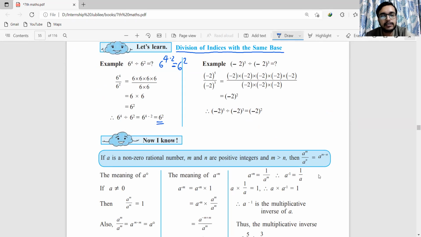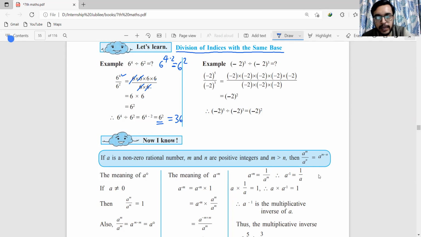Or you can solve this as 6 into 6 into 6 into 6, as the power is 4 so we multiply it with itself 4 times, divided by 6 square, 6 into 6. Therefore the 6s get cancelled, we get 6 into 6, which is 6 square, and that is 36.